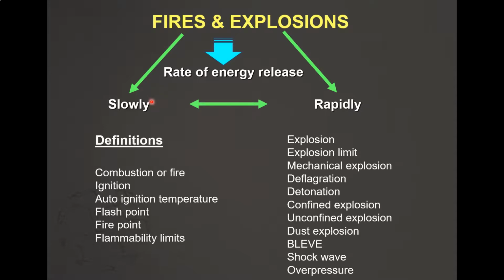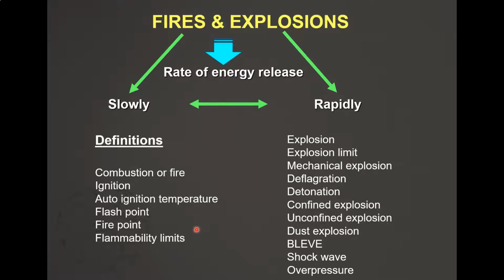Between these two terms, fires and explosion, there are a few definitions that you need to know to be able to determine the characteristics of fires and explosions. Among the definitions are ignition, combustion, flash point, fire point, flammability limits, and so on.